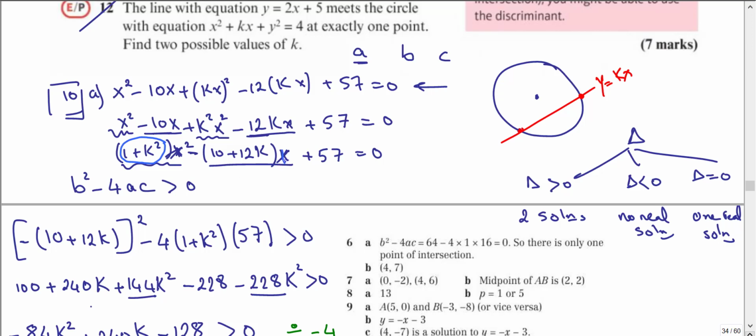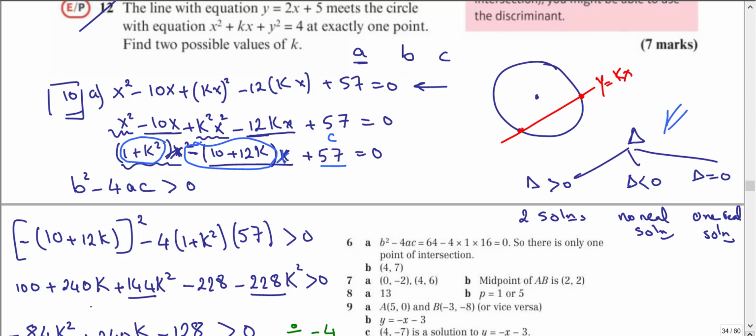If you have x here, then B will be negative bracket 10 plus 12k. That's B. And C, this is C, the constant. Are you following? Yes, sir.